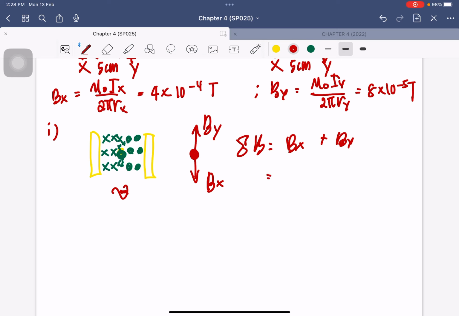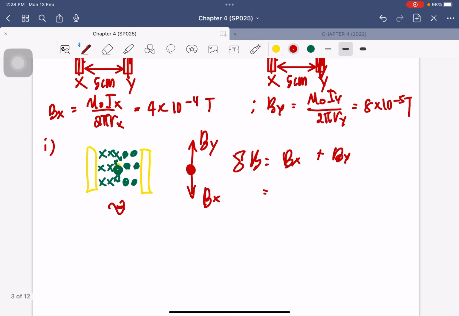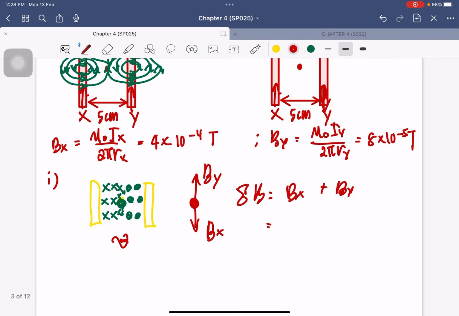But we need to know the direction. Negative or positive? Let me just think. Sorry. Since BX is going into the page, it will be positive. So into the page will be positive. BX is into the page. Why is it into the page?